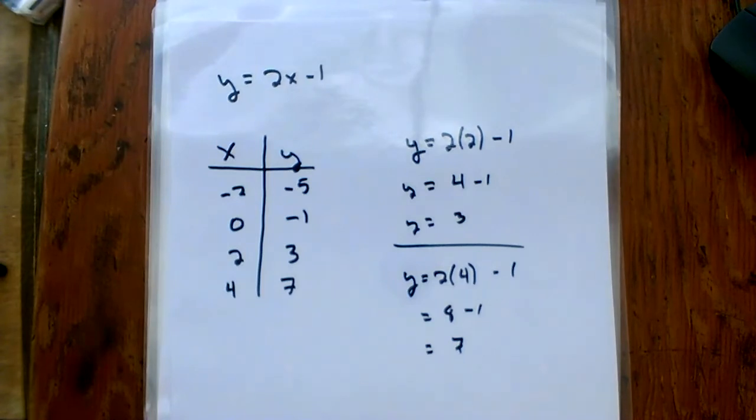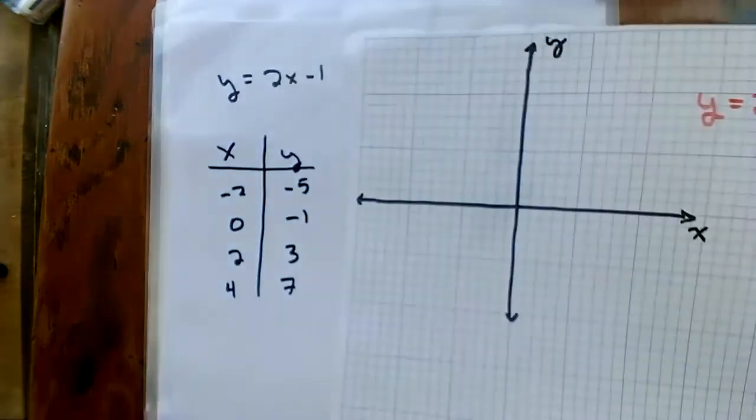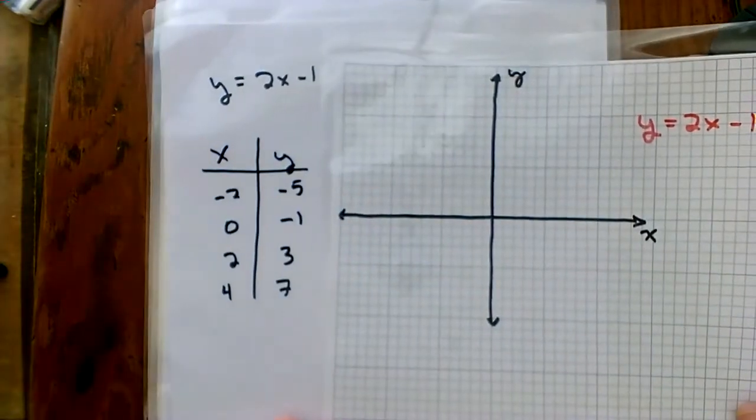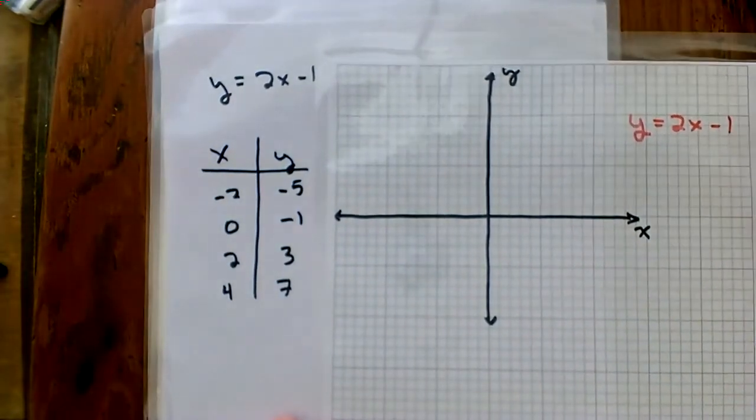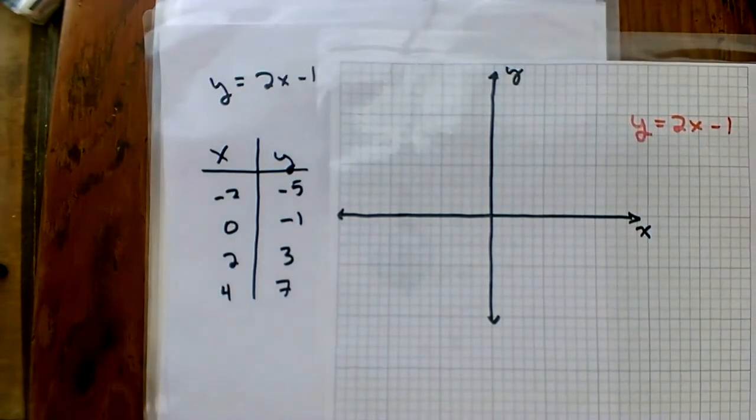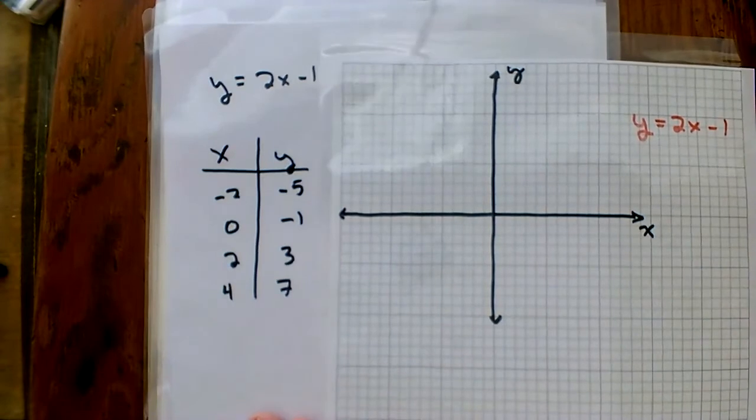Now, the thing that we'll use this for is we're going to graph these. So let's graph our various solutions and see what that overall pattern is, because I hope you've noticed that there was a bit of a pattern here.